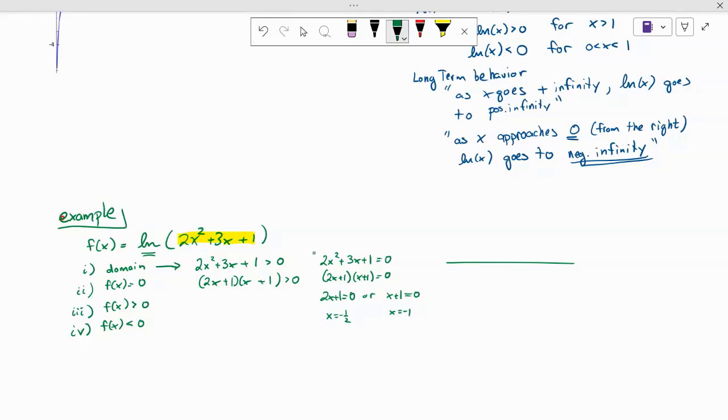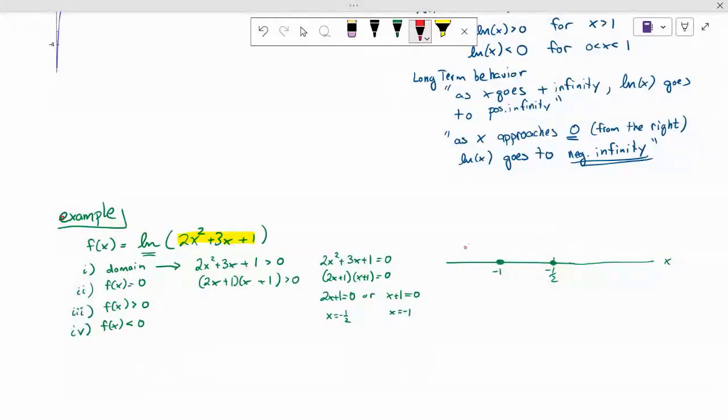In the second case, x would have to be negative 1. So you've taken the x-axis and cut it up into 3 subintervals, 3 regions.